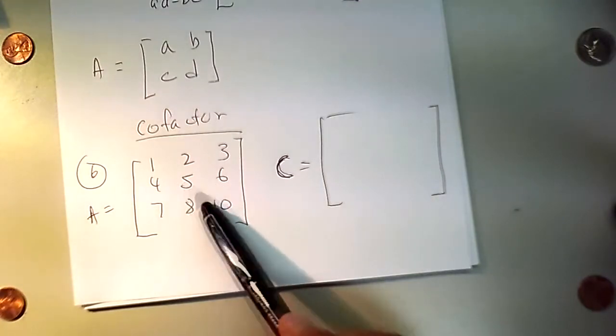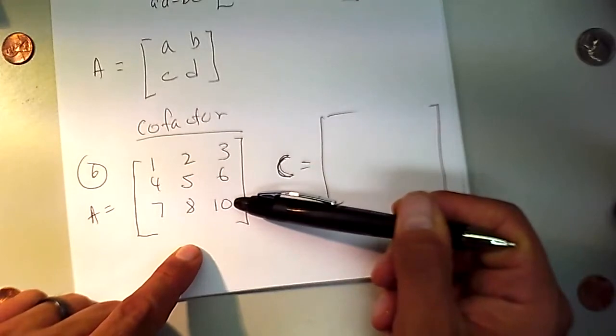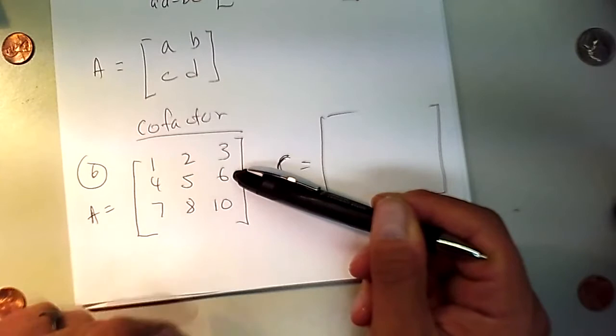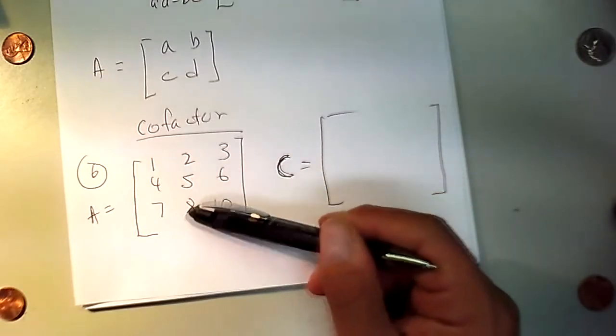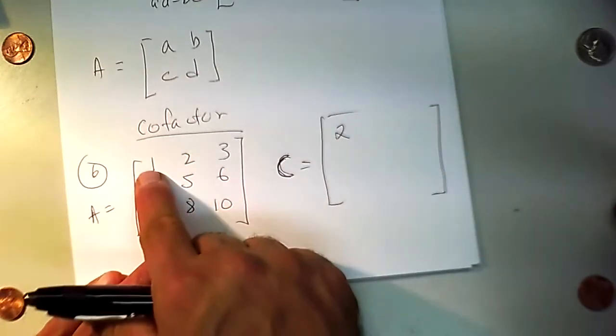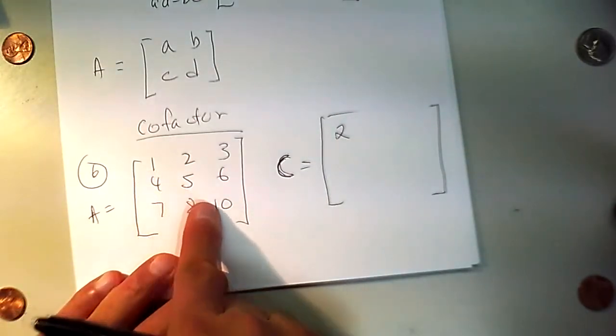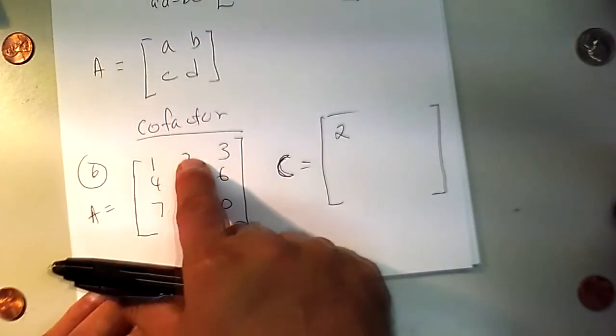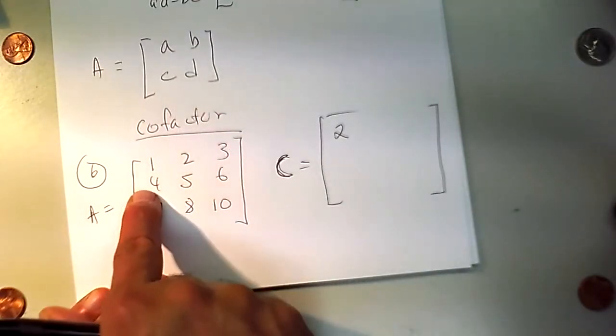So that is 5 times 10 is 50 minus 8 times 6. So 50 minus 48 is 2. That's the cofactor corresponding to 1. The cofactor of 2 is going to be 40.